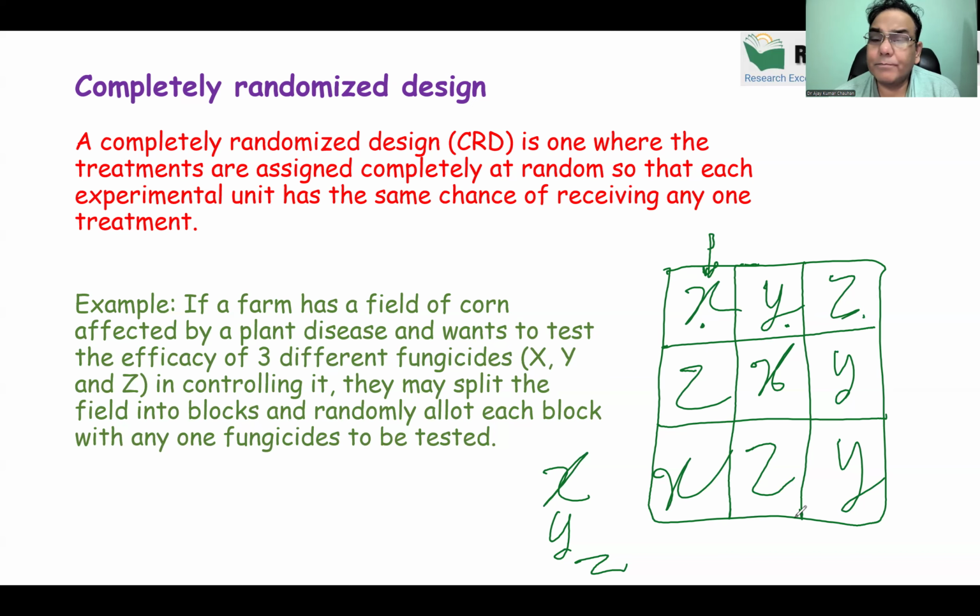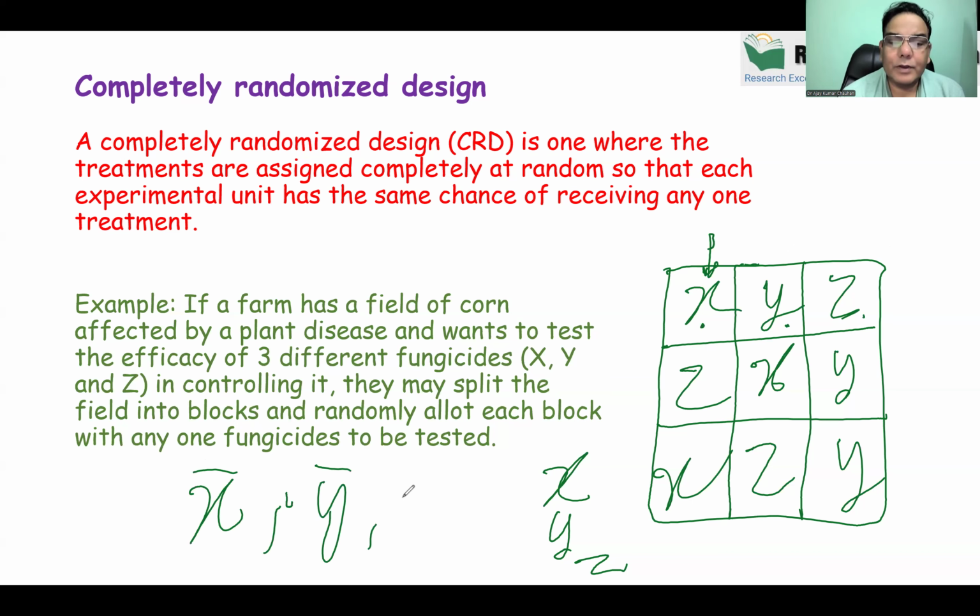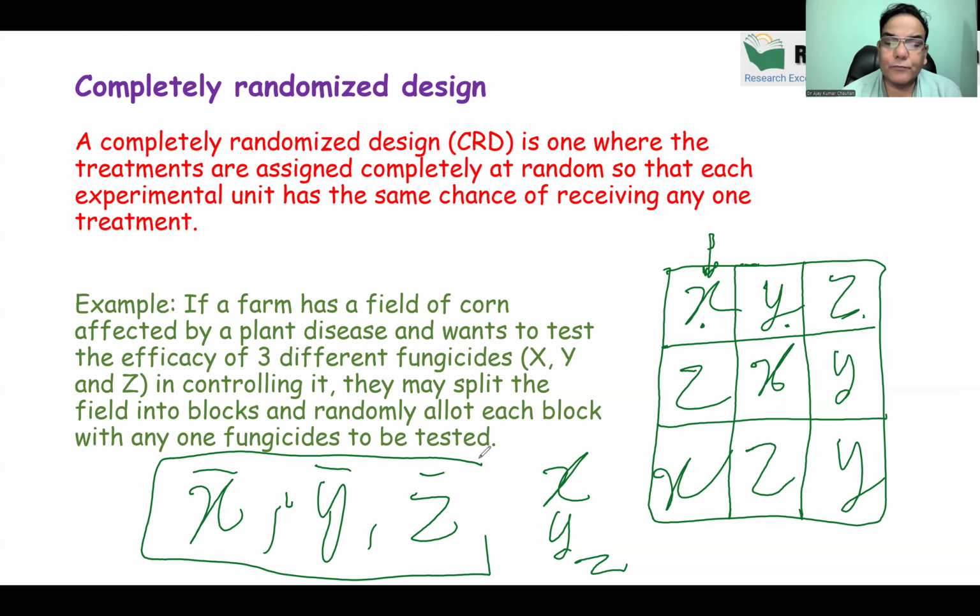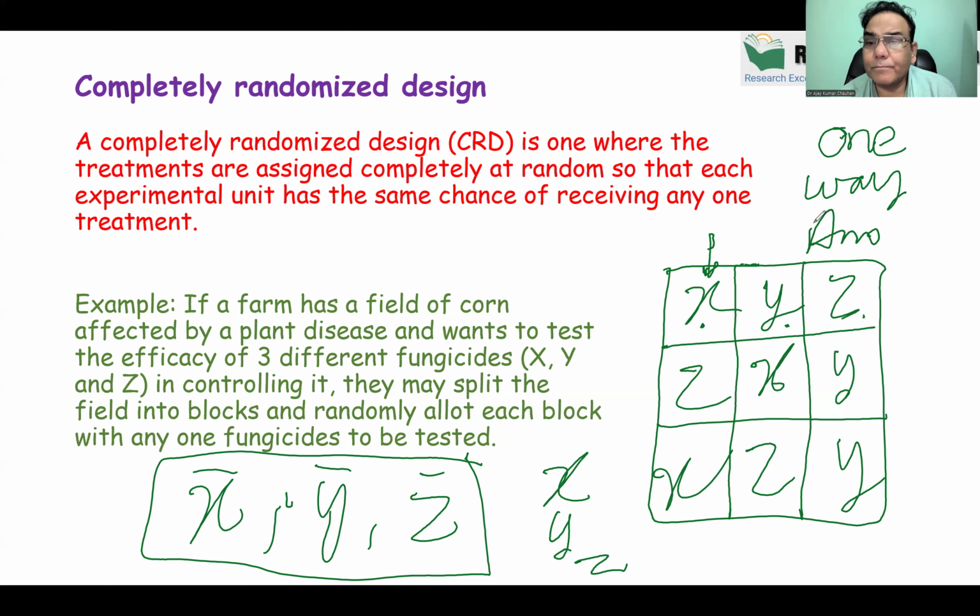And after some time, you are measuring the outcome, the production. So you have to calculate the average production of X, then average production of Y, and average production of Z. And after that, you can apply the one-way ANOVA test, to check which fertilizer is the best for the farm and which fertilizer gives the least production.